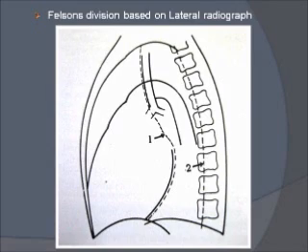Now, to define the middle mediastinum, a second line is drawn just 1 centimeter behind the anterior vertebral margins. As you can see in the slide, the second line has been drawn 1 centimeter behind the anterior vertebral margin. So the structures which lie between these 2 lines lie in the middle mediastinum, and the structures behind the second line lie in the posterior mediastinum.